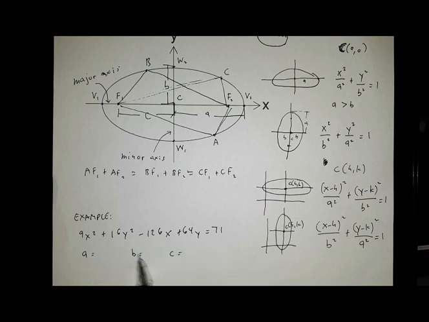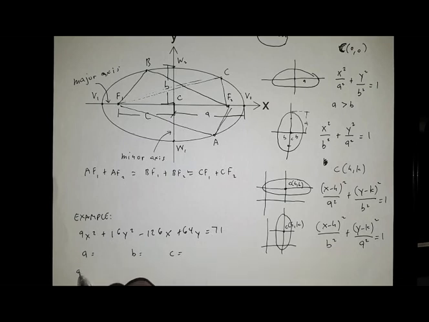So here, we can do this by rearranging the equation. Group those with variable x here and those with variable y here, then 71 stays here, as the constant.